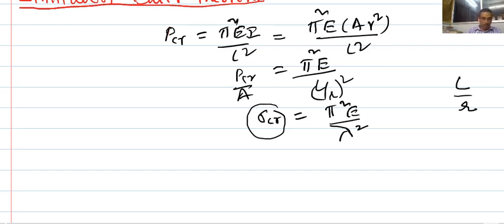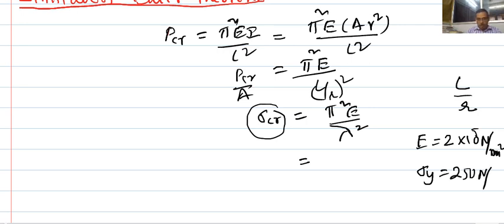But if you look carefully, for E equal to 2 into 10 power 5 Newton per millimeter square, and then if we try to get sigma CR, maybe yield stress sigma y to be 250 MPa, Newton per millimeter square, which is one of the yield stresses of a steel material, then what I am going to get, lambda, already I told you, is going to be something around 89.